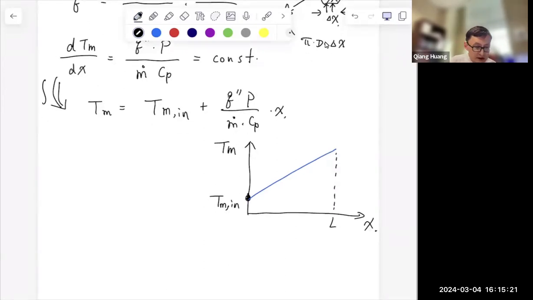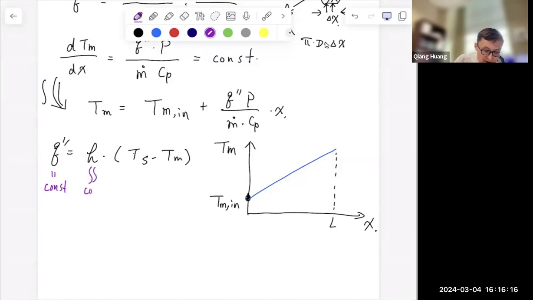If you want to calculate the surface temperature, we know that Q equals h times the surface temperature minus the mean temperature. By the way, I take the flux instead of the surface area. We know the left side is a constant. If h is a constant, and for most of the time h changes only slightly depending on the property of the fluids, because to calculate h we sometimes have to look up fluid properties in the table and they can change a little, so it is roughly a constant in the internal flow.